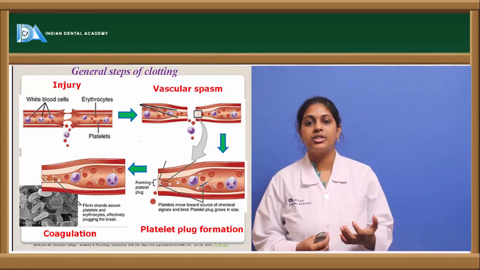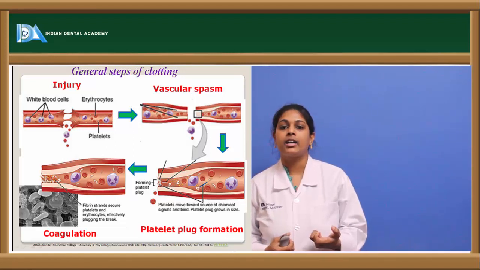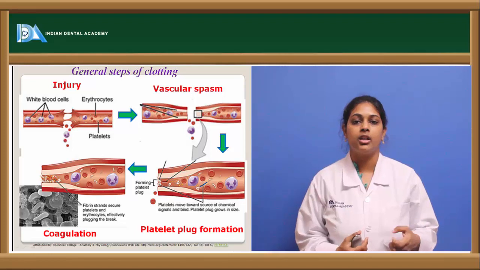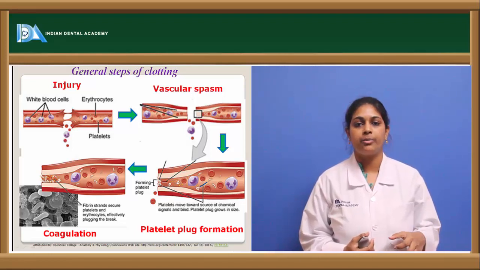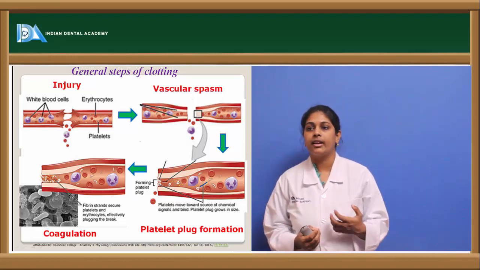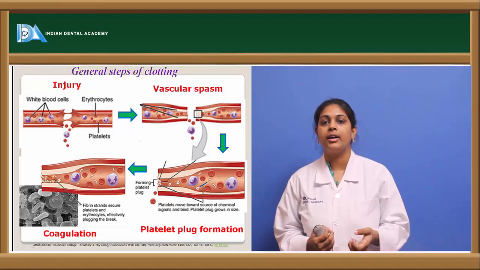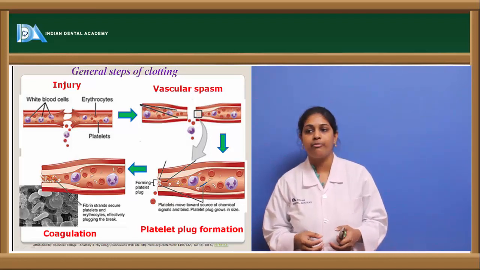These white blood cells, once they reach the site of injury, get activated and show their effect, that is, they debride the area and remove foreign antigens, and they prepare the area for healing. Once the white blood cells reach, they initiate the vascular spasm, that is, bleeding is stopped, and that results in the formation of the platelet plug.